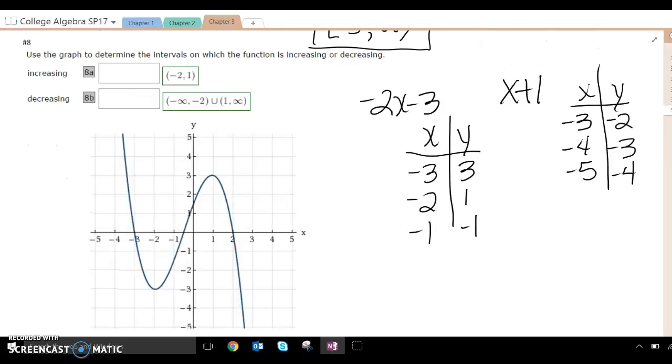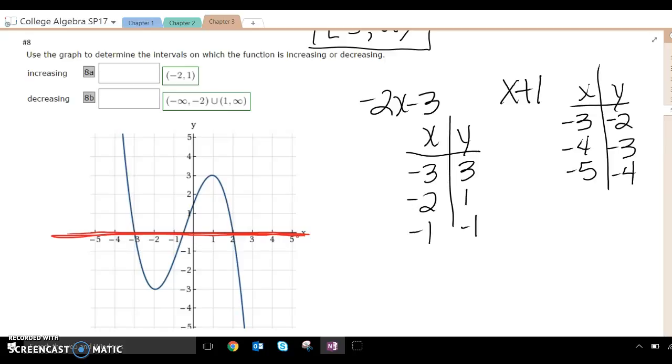On number 8, they give us a graph and it says determine the intervals on which the function is increasing or decreasing. I like this from left to right on my graph. I find this is the easiest way to go, and we're going on the horizontal axis. So looking at my horizontal axis, we are going to divide this graph up into pieces, and we're looking for increasing and decreasing.